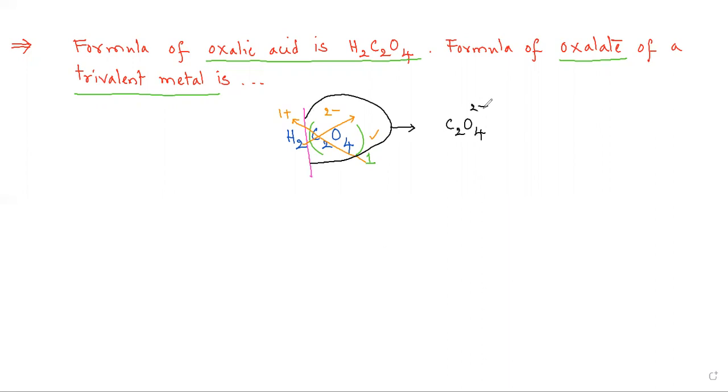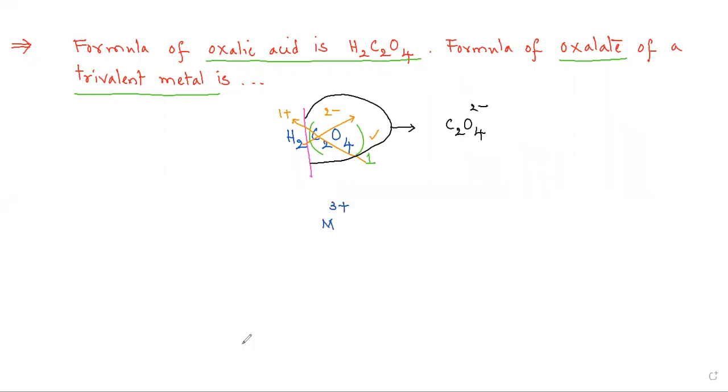Of course, you know it even before this also. Even before cutting this, if you know the formula of oxalate, of course, you can take that and you can combine it with the trivalent metal. Come on, let us combine this with the trivalent metal. What do you mean by trivalent metal?